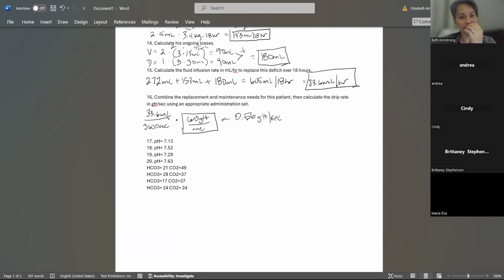So let's see. Times by 25 seconds, we get 14 drops per 25 seconds. So I guess that's the most ideal, right? That's going to be our most ideal.